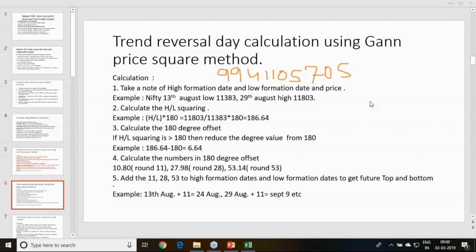Yesterday we discussed two different methods of intraday trading. One is the Gann angle principle, of which we have seen two variations: the plain Gann angle principle, and another using volatility. Also, we have seen the midpoint method.